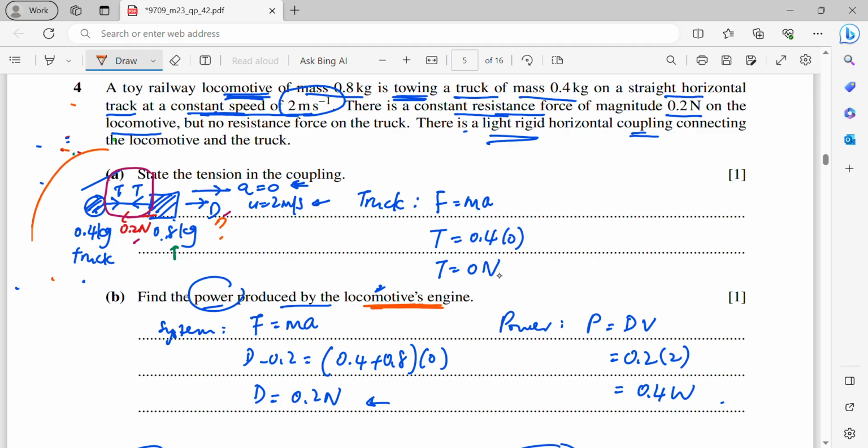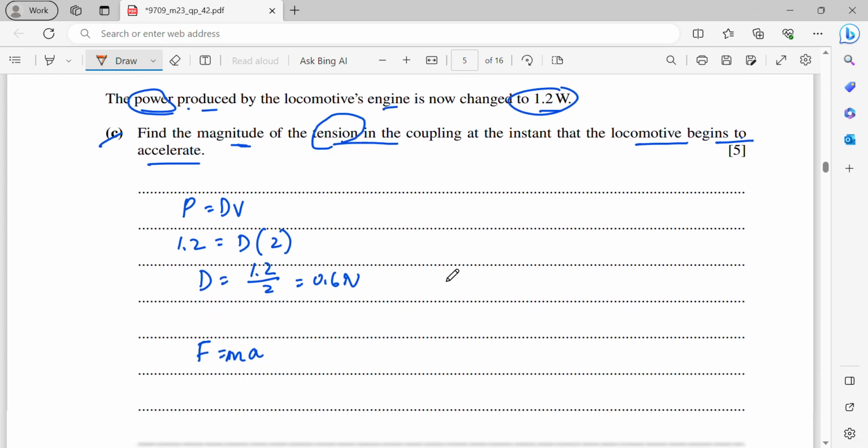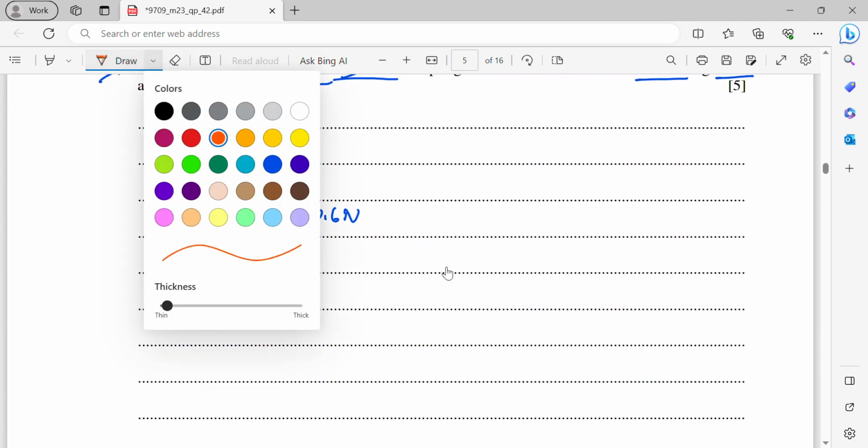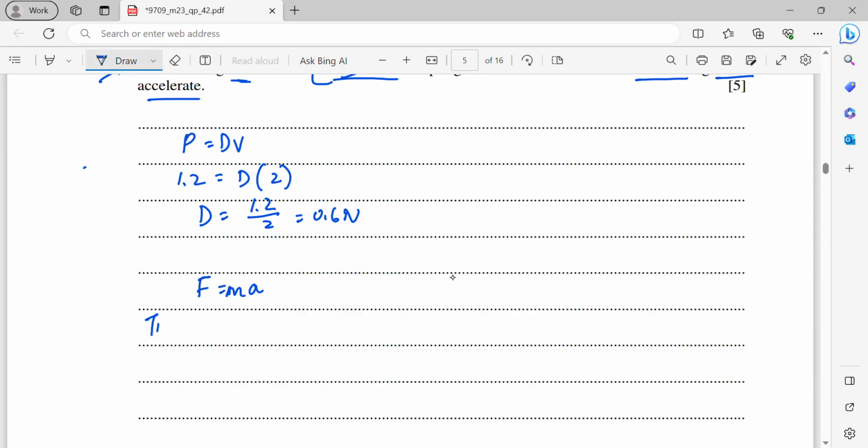The force on the truck is T, the M is 0.4, A is unknown. So I will get T equals 0.4 A. This is the first equation.